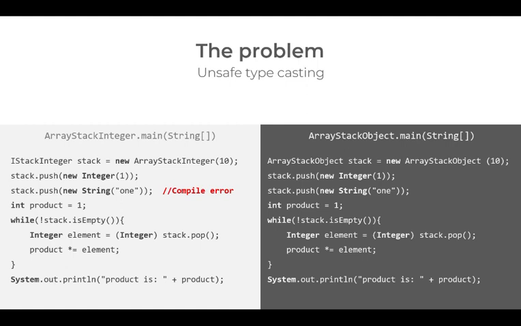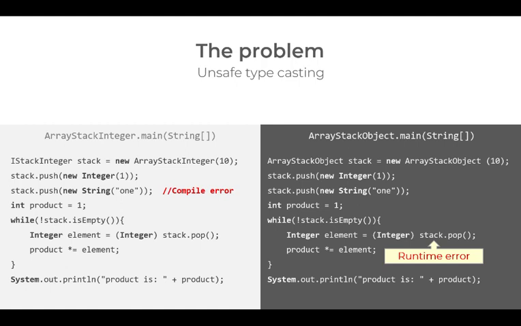And here the compiler is not going to help me at all. It's fine with it for me to convert the element from the stack into an integer, even though the one at the top is a string. So when I execute that program, I will get a ClassCastException. It will not be able to convert the string into an int. So that's an issue here. The compiler is not going to help me. It's only at runtime that I'm going to find that issue. So that's not very satisfactory.